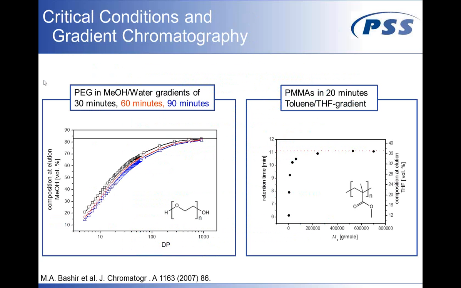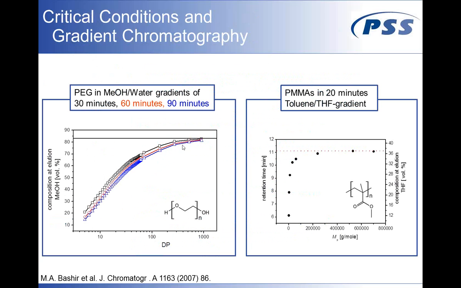I just want to show you here that indeed the eluent composition at the time of elution of a certain polymer in a gradient is related to the critical conditions. What I have shown here is again our polyethylene glycols. If we increase the degree of polymerization, then we end up in a gradient at a certain retention time corresponding to a certain composition, in this case methanol water.